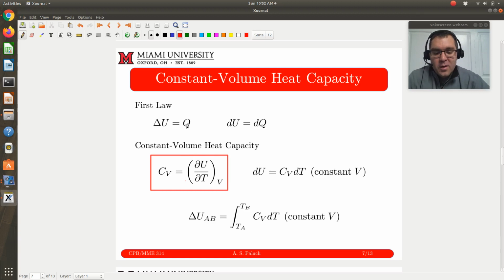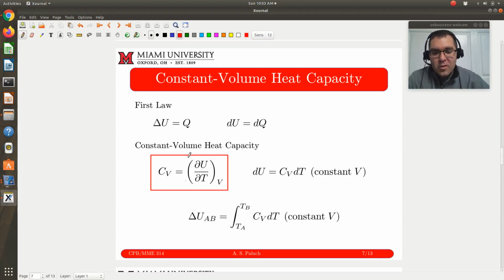In general, we said heat capacity was the amount of heat required to impart some change in temperature. Here we have curly symbols for our differentials, the reason being that U is a state function. Remember, for a single component, single phase system, we have two independent properties that need to be specified to pin down the state of my system.